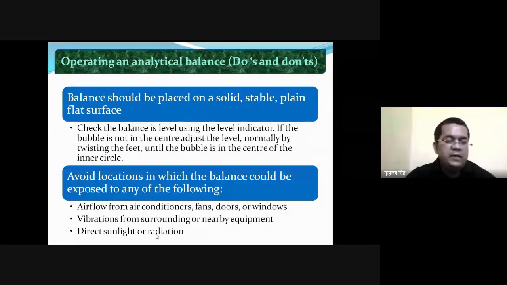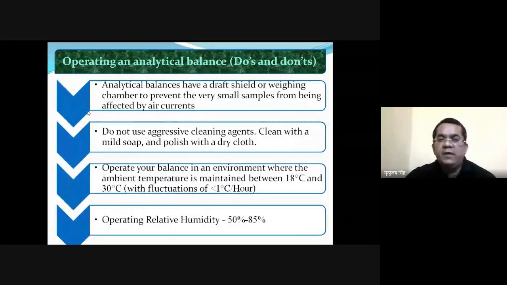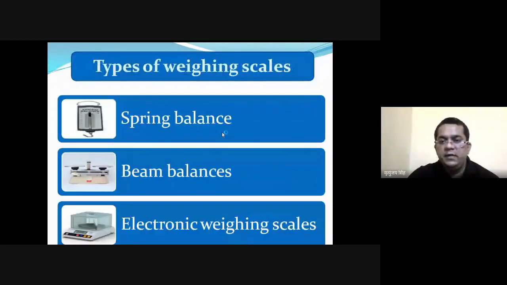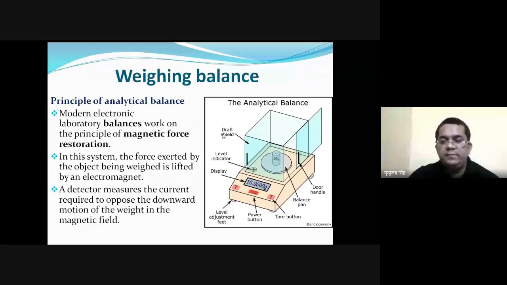Avoid direct sunlight or radiations. Analytical balances have a draft seal or weighing chamber to prevent a very small sample from being affected by air currents. You can see the draft seal here.